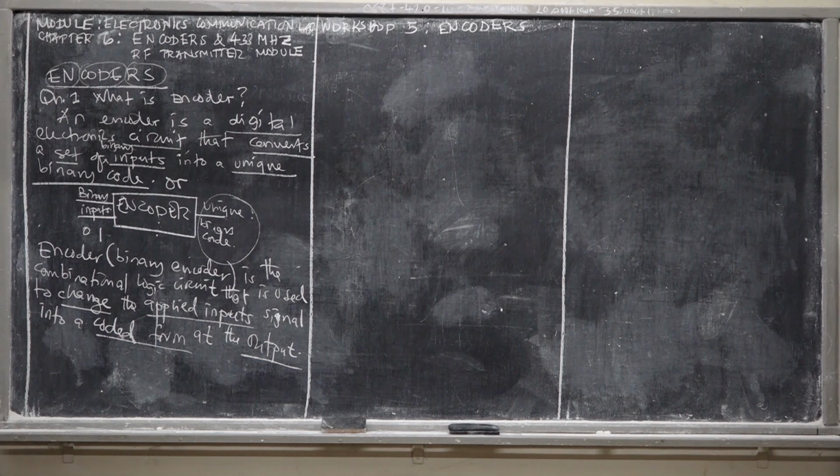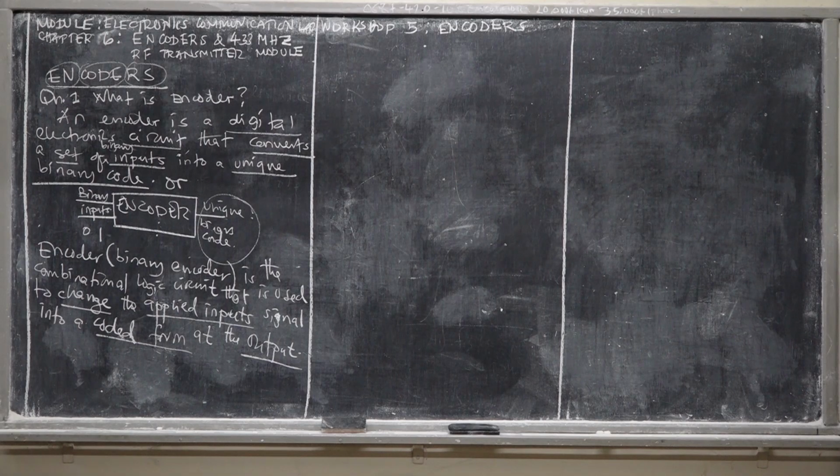So when you allow the digital signal to pass through the encoder, what do you expect at the output of the encoder? According to these two definitions, first of all, what do you expect to be the input of the encoder? Tell me the input of the encoder according to those two definitions. Binary code. Where has it been mentioned binary code there?